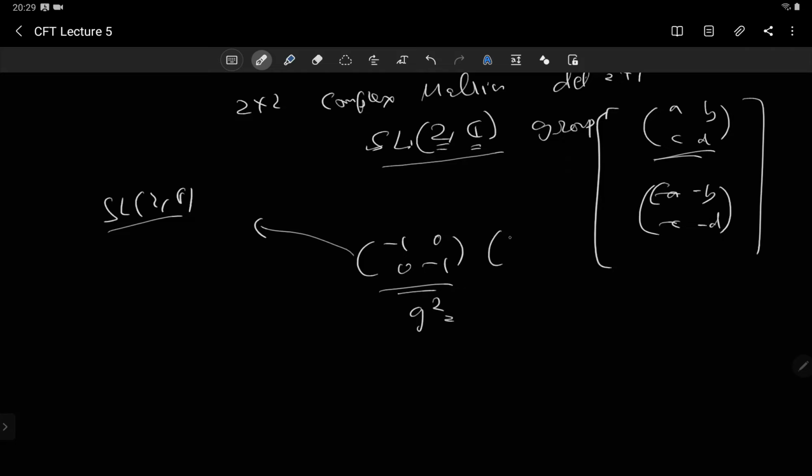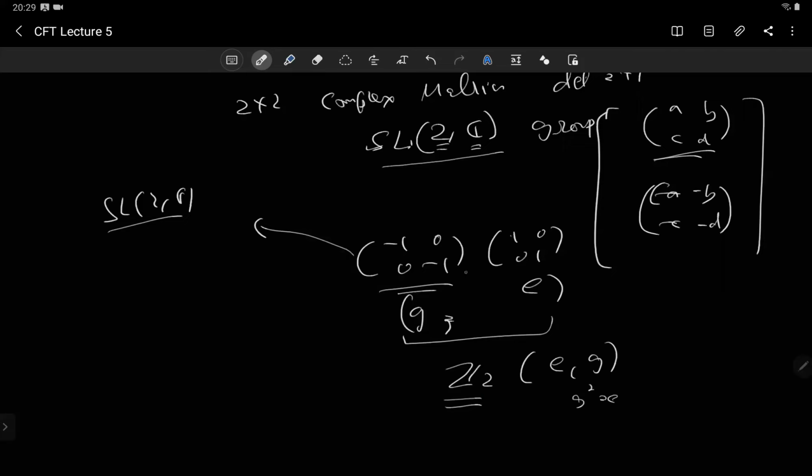So this element and the identity element 1 0 0 1, let's call it E, form the group Z2, if you remember from our group theory discussions, because G squared is identity. The group Z2 is just identity and G, where G squared is equal to identity. And because this group is abelian, just identity and minus identity, they will commute. Because it is abelian, this is also a normal subgroup. I don't know whether you remember these words. The normal subgroup.